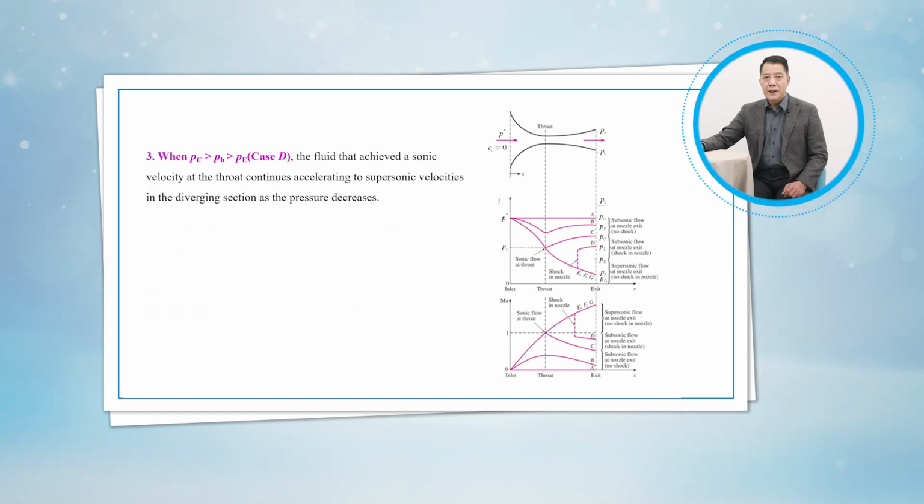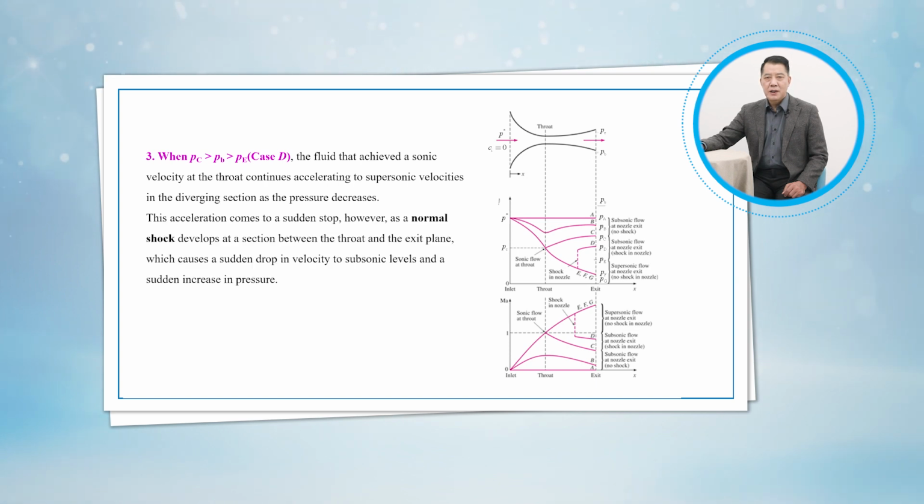Now, let's look at case D, where we have lowered back pressure PB. The fluid that achieved a sonic velocity at the throat continues accelerating to supersonic velocities in the diverging section as the pressure decreases.